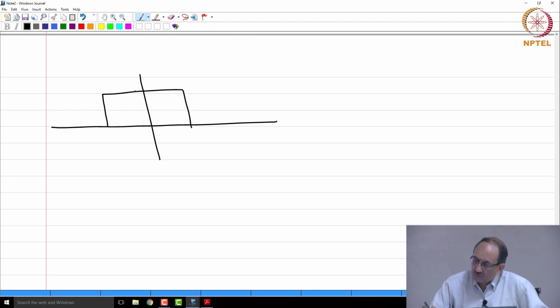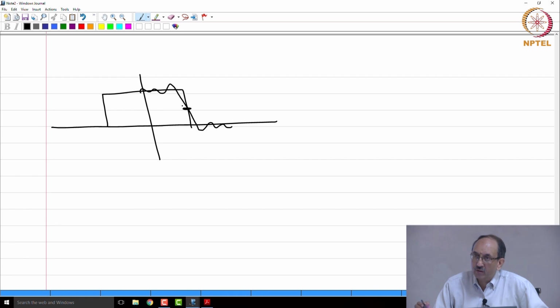So, this overshoot will be like this. Overshoot will be to the left of the discontinuity and undershoot will be to the right of the discontinuity. So, this 9% overshoot and 9% undershoot will happen to the left and to the right.